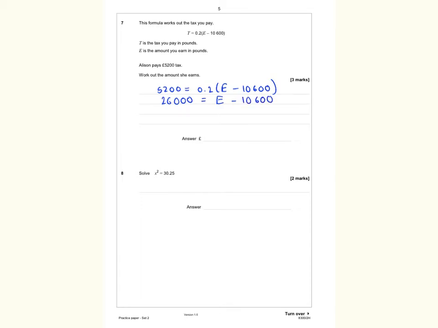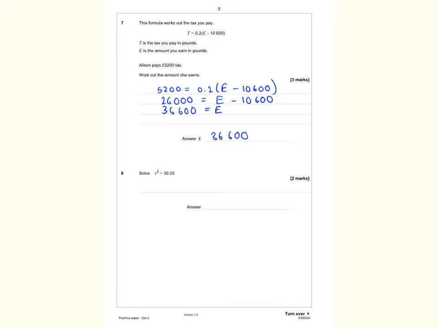Now if I was to add 10,600 to both sides, I will get the amount that she earns. So 26,000 add 10,600 is 36,600. So that is the amount that she earns.